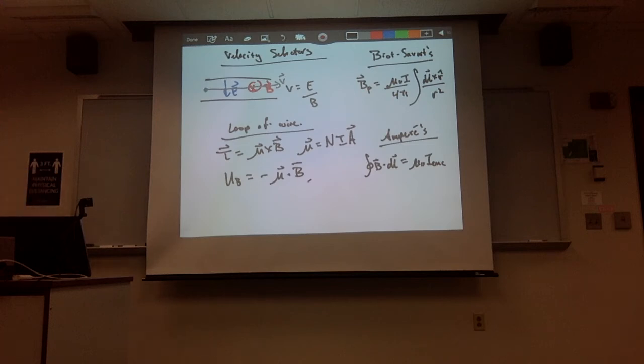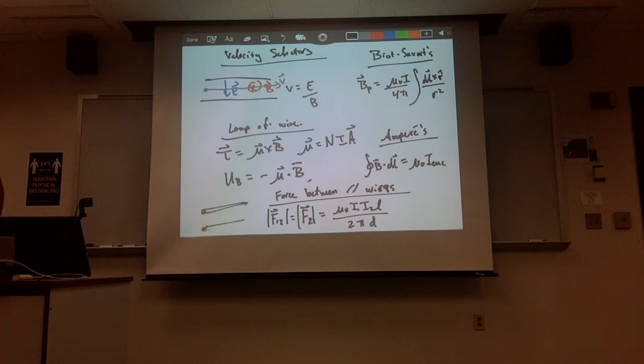Last thing we looked at was the force between parallel wires. What we found was that the magnitude of the force on 1 by 2 is equal to the force on 2 by 1, which is equal to mu naught times the current I1 times the current I2 times the length, all divided by 2 pi d, where again d is the center to center distance between the two wires.